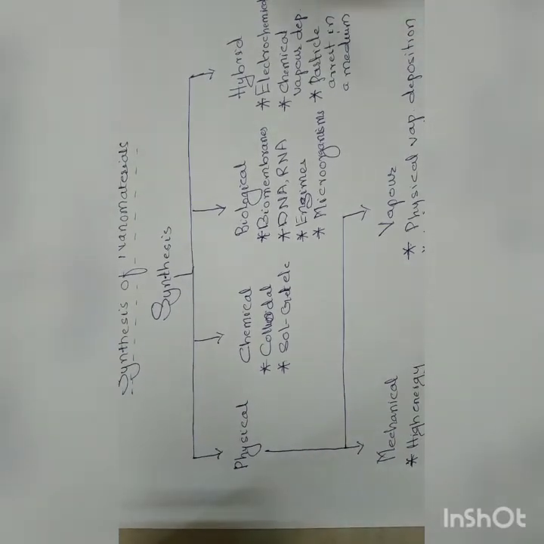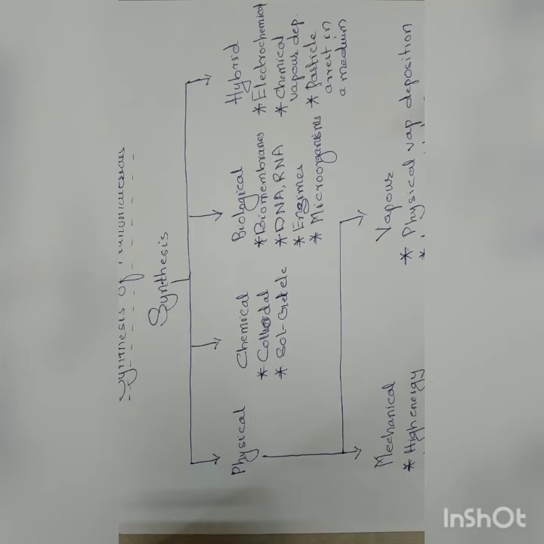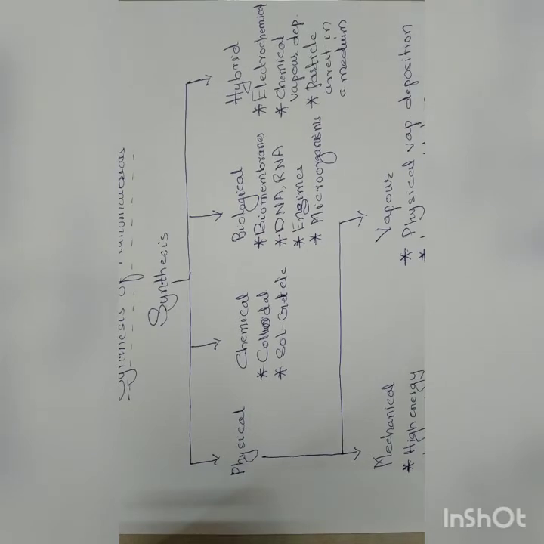The last classification, that is the fourth one, is hybrid methods of making nanoparticles. In electrochemical synthesis of nanoparticles, you can combine the electric field with the mobility of ions in solution so that you can have reduction and oxidation of these ions.